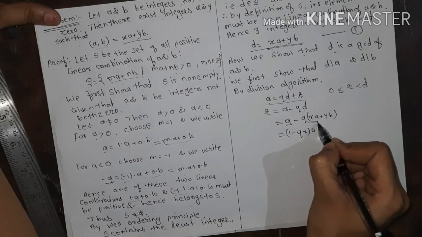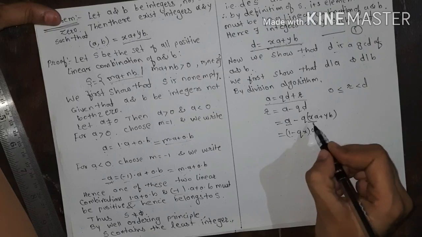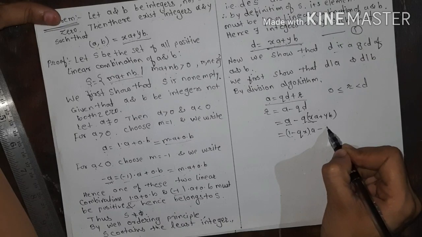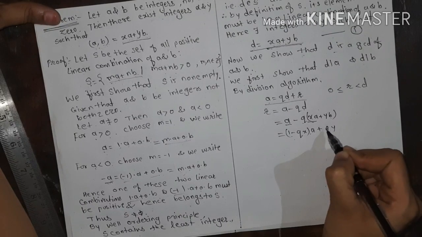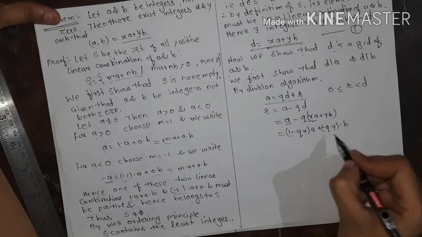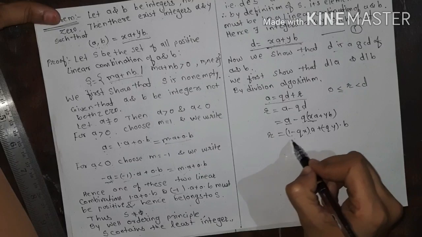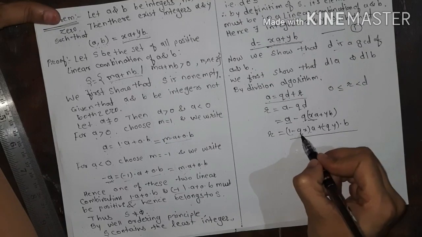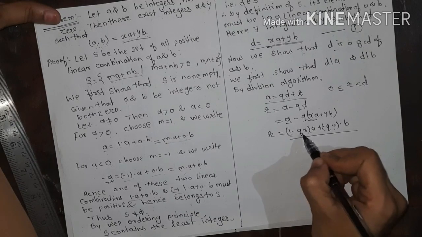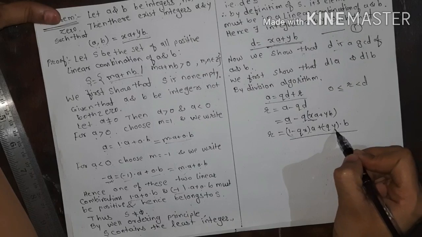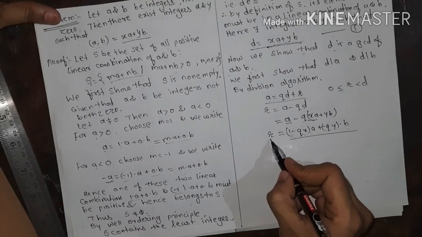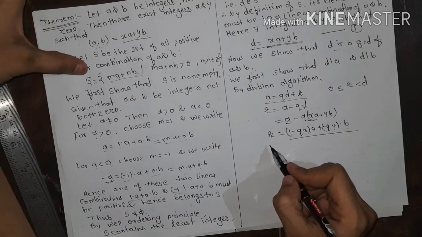From these terms we take the common a, so 1 minus qx, and again open this minus q with this, that is plus minus qy into b. Okay, so r is written as a linear combination of a and b, since q is an integer and x is an integer, so 1 minus qx is an integer, minus q into y is an integer. So r is written as a linear combination of a and b. This implies that r is an element of capital S.